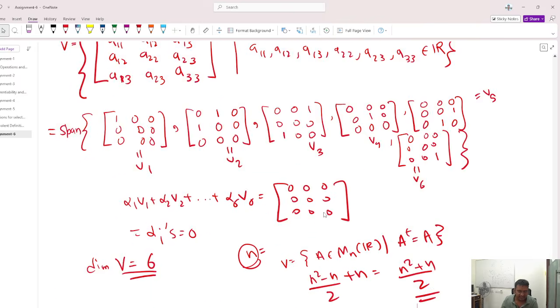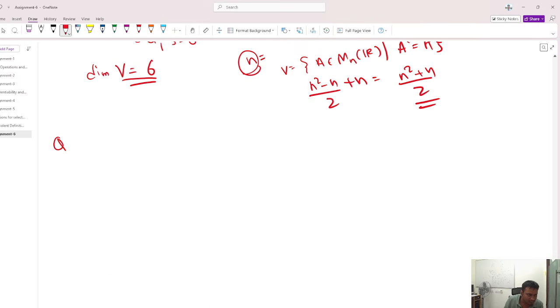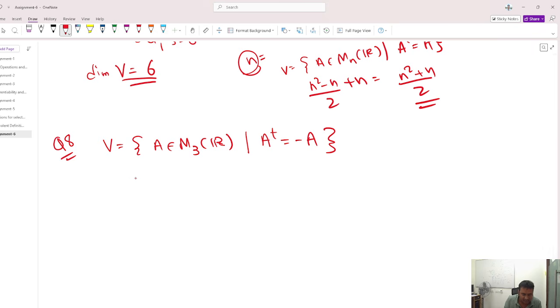Okay, so question 8. I flipped the order, but it's fine. You have again 3 cross 3 matrices, and this is similar. I'm not showing that this is a vector space; that's what you have to show. And I will just analyze this matrix a little bit over R. So what does this mean?